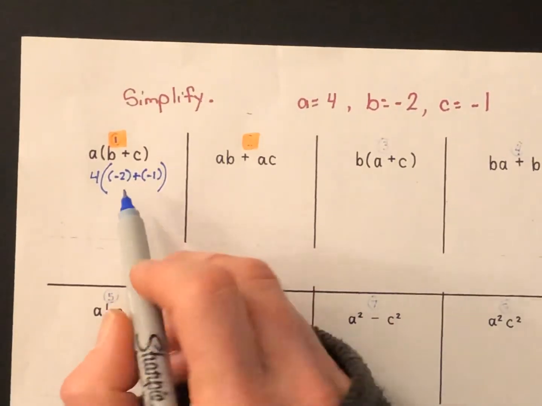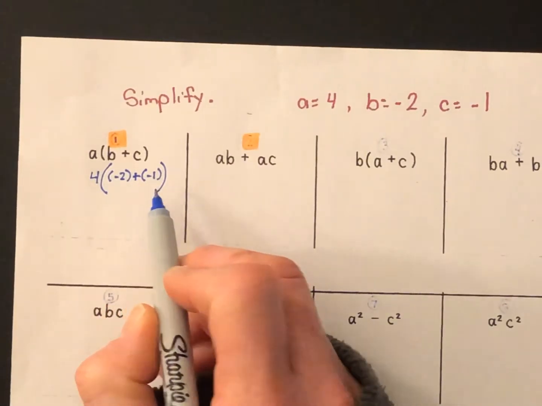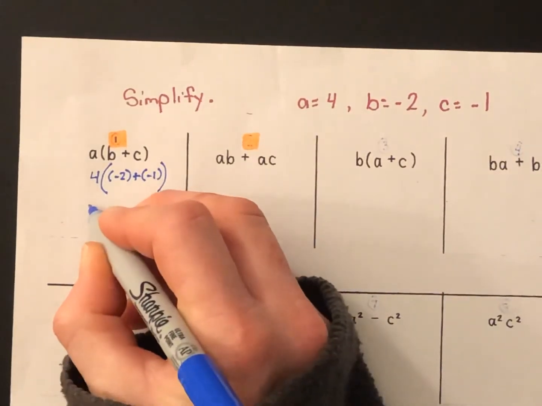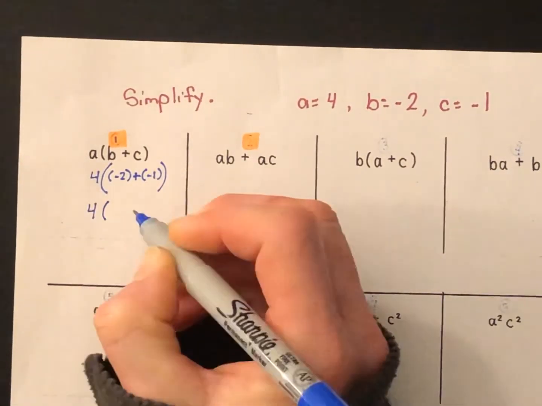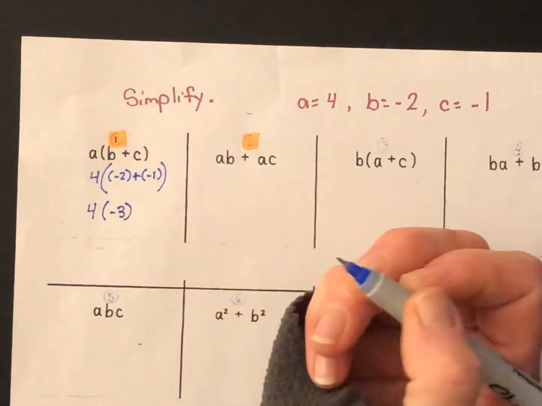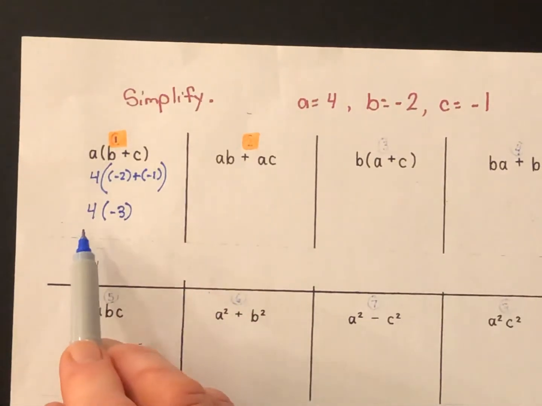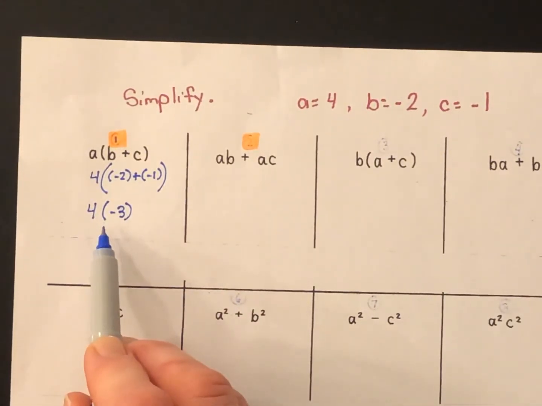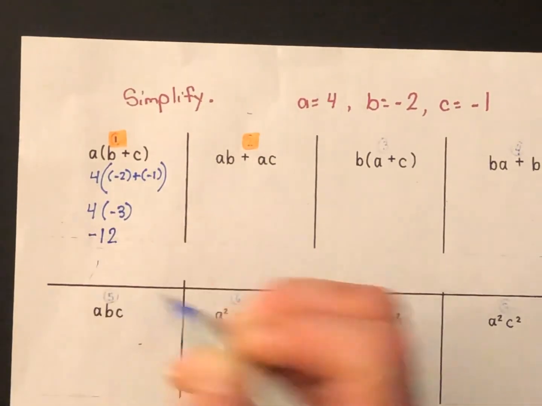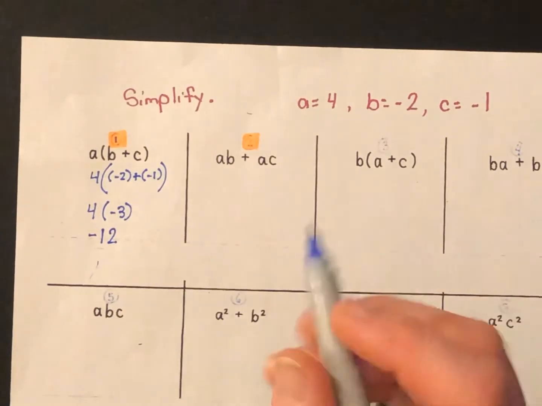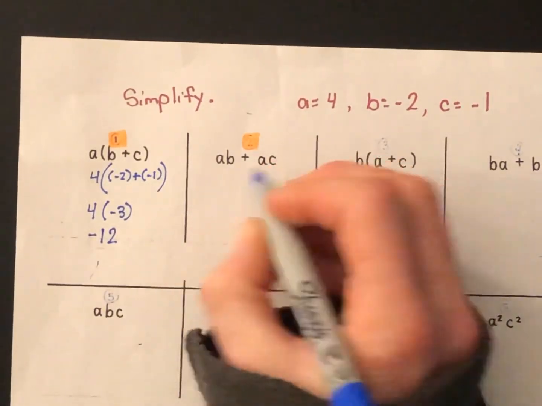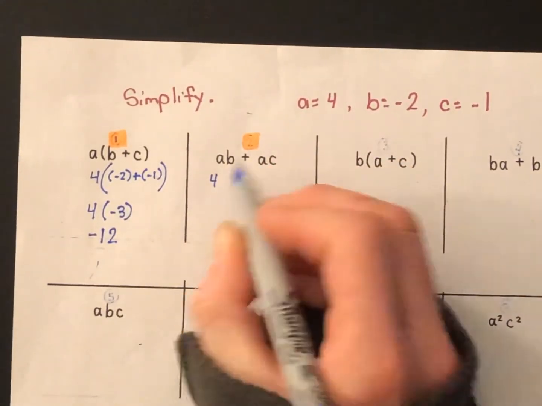So inside the parentheses, you have -2 plus -1. That's -3. So I will rewrite this as 4 times -3. Four times -3 becomes -12. On to number 2. A is 4 times B is -2.